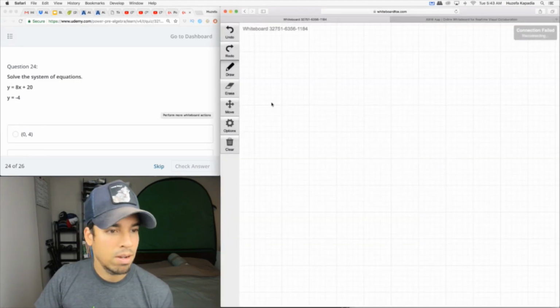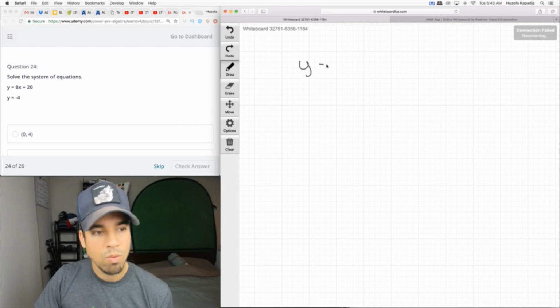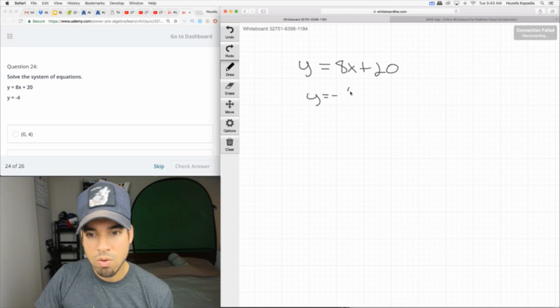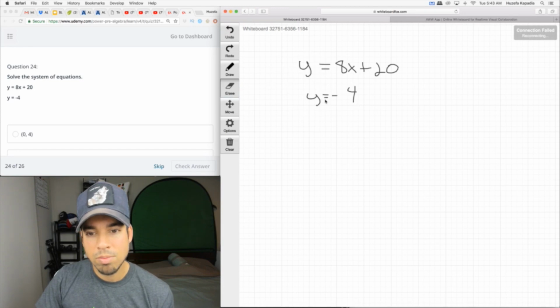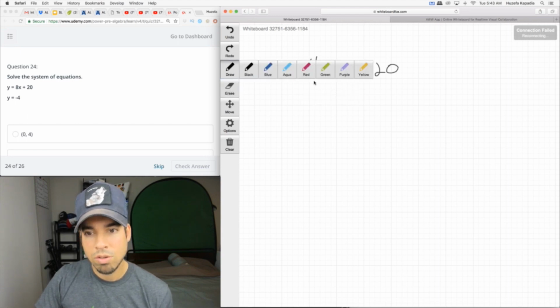All right, 24. Solve the system of equations. So we got y equals 8x plus 20, and y equals negative 4. We have two things that equal y. Let's just substitute, right? I'm going to substitute in negative 4 for y. So now let's solve this equation for x.